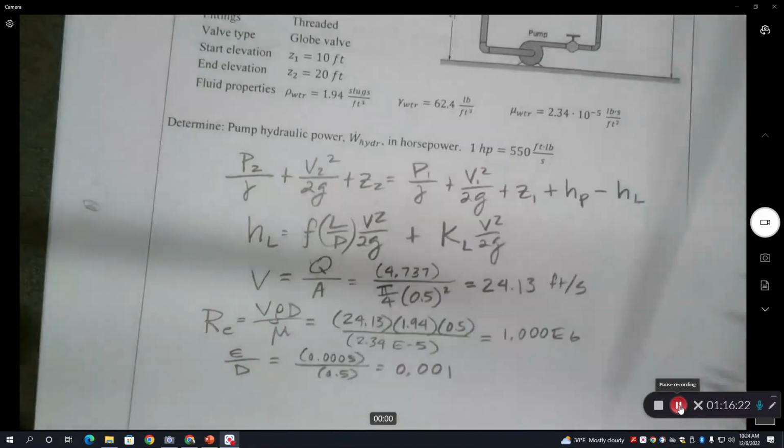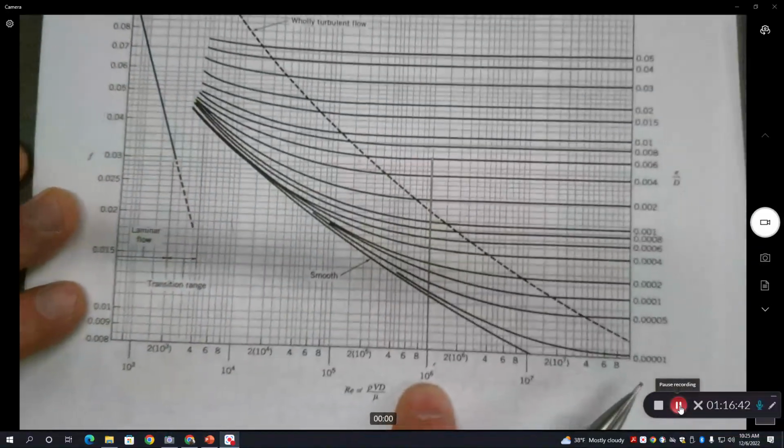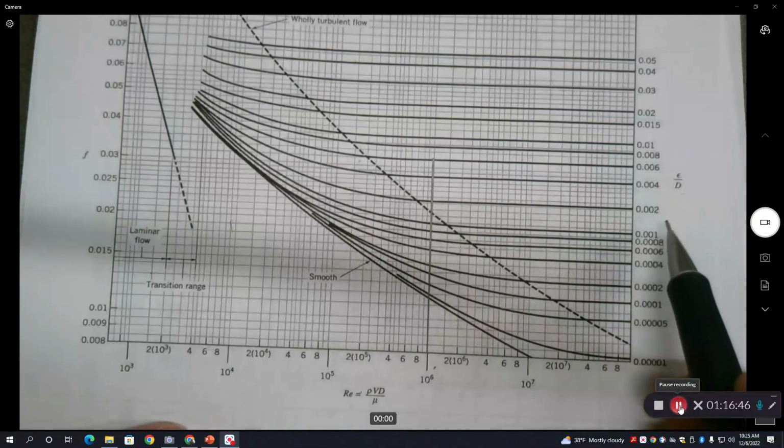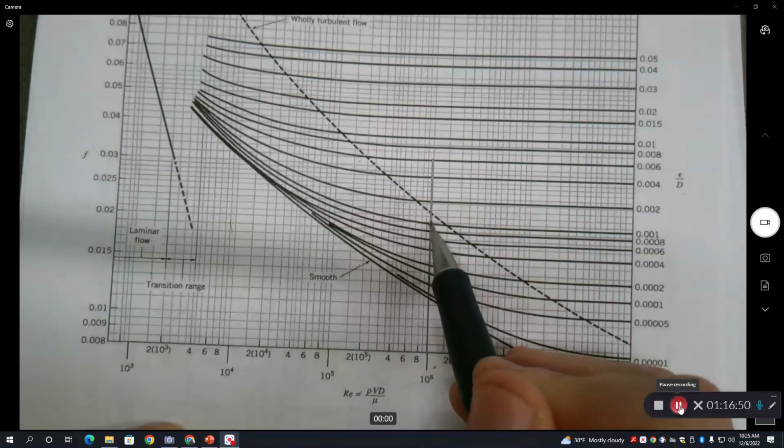And now, old man might have to take off his glasses for this. Magic ruler here. And go, okay, might as well write on our equation sheet. Why not? There's our 1 million. And then our roughness is 0.001, which should be right here. So we can kind of see where that is right there, right?